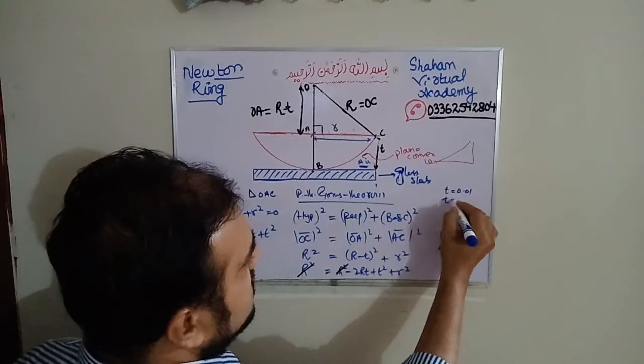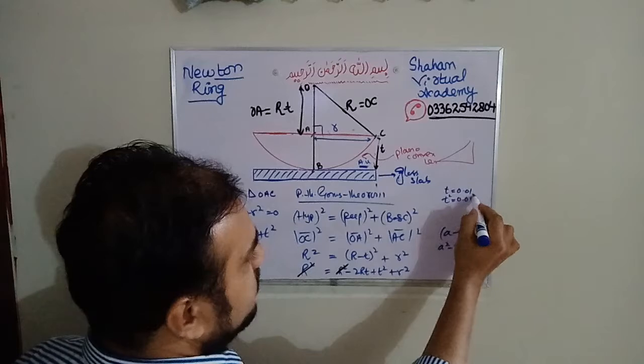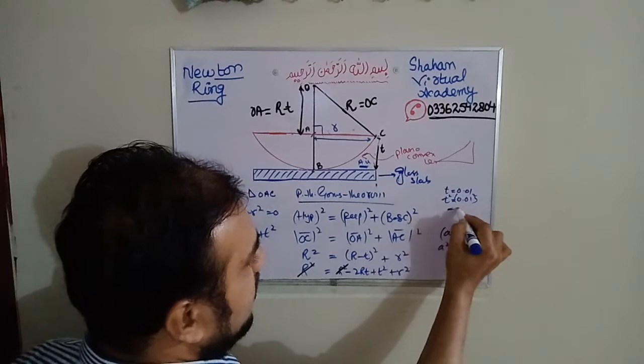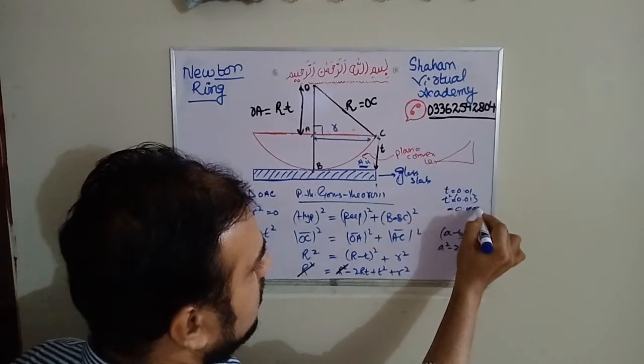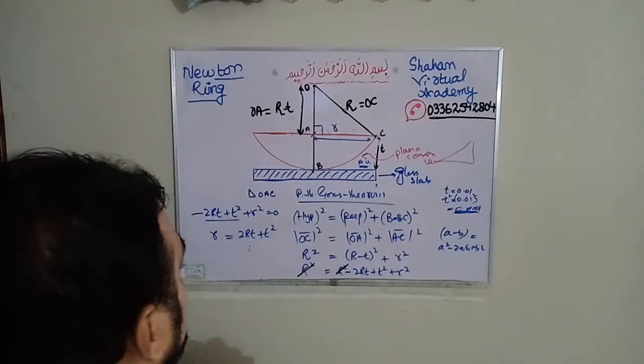If we square that value, what will it make? 0.00001. So it means almost 0, and we just neglect the value of t square.